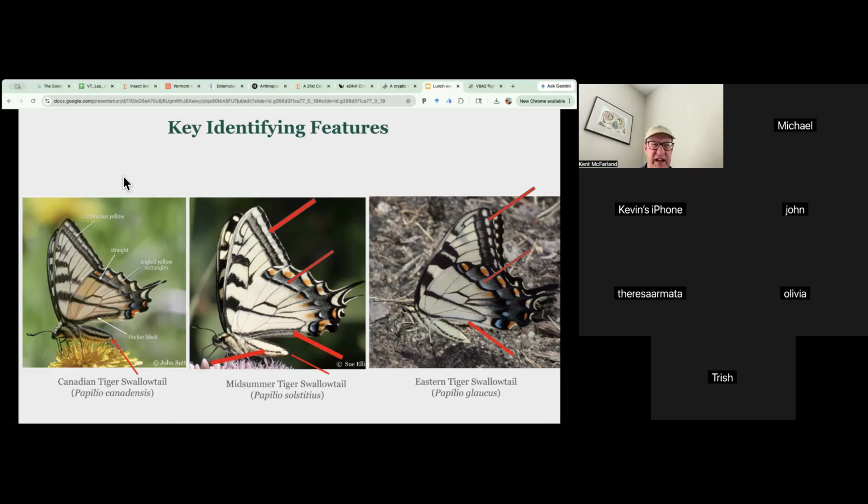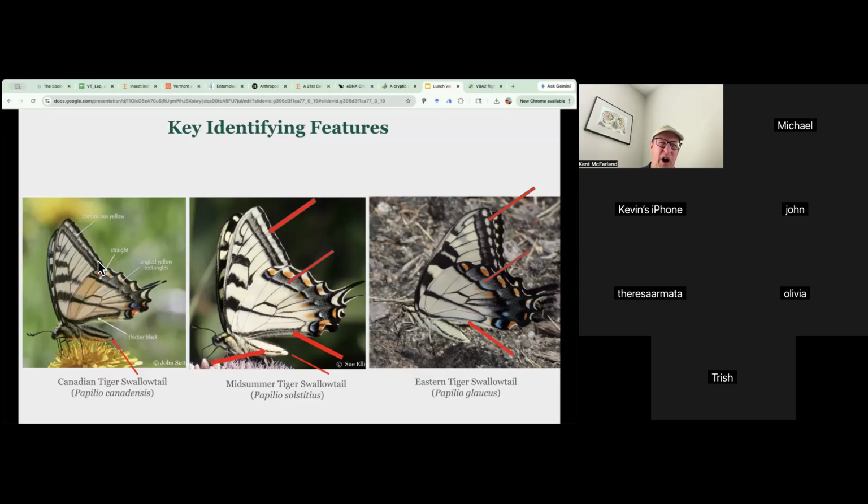This is all taken out of Chris Schmidt's information, and I've bugged Chris a couple times from that paper I showed you. It's all from that, and then from just looking at a lot of them and trying to start to figure it out. And some of it, after you look at a bunch of them, you get it. But the first thing to look at is this upper area of the wing here.